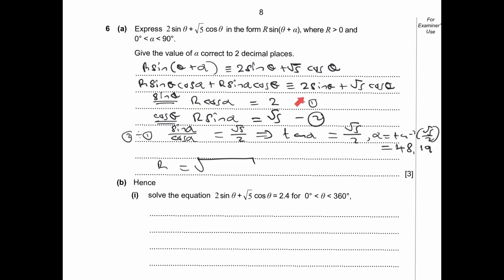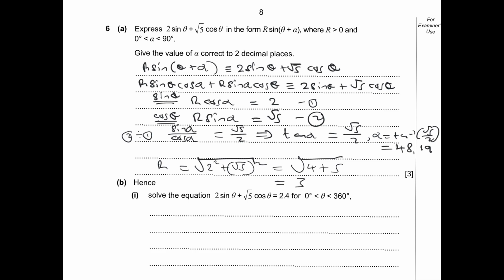So we are squaring equation 1 and equation 2, and then we add them. At the end, we will find that r is equal to square root of 2 squared plus square root of 5 squared. That's what we are going to have here. Which gives us 4 plus 5, which comes to square root of 9, which is 3.